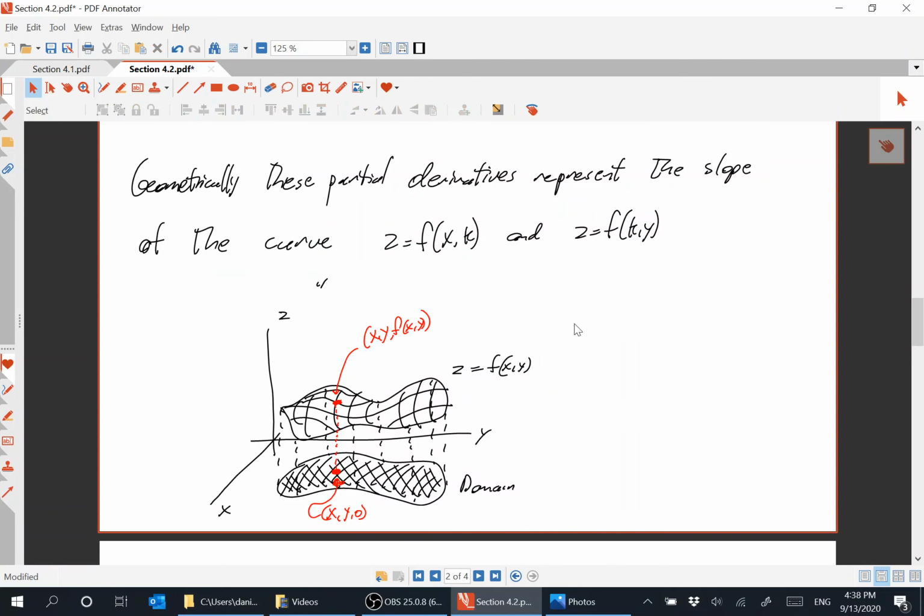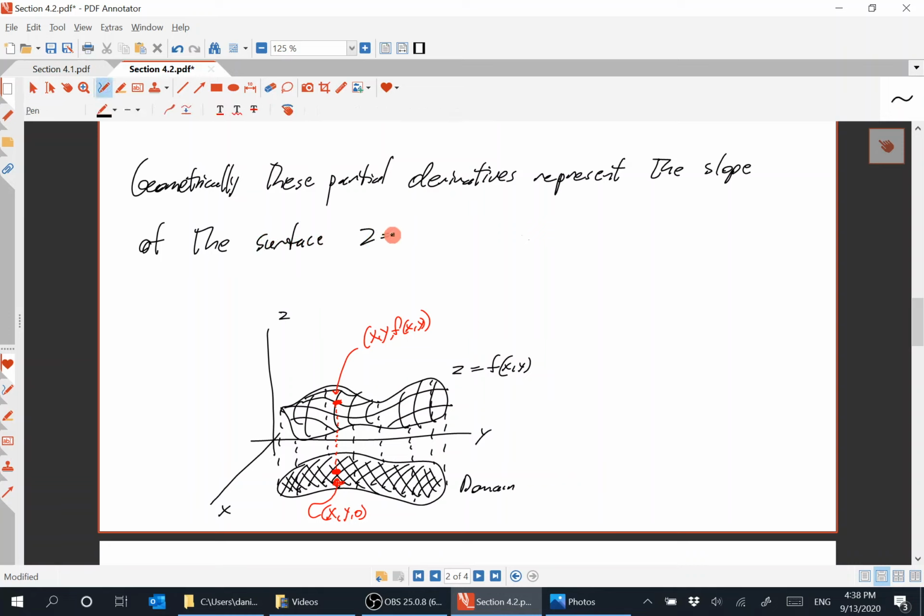The idea right here: they represent the slope of the surface z equals f of x, y in the x direction and in the y direction. So here's how to think of that.